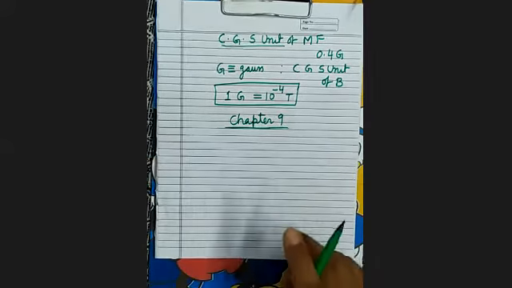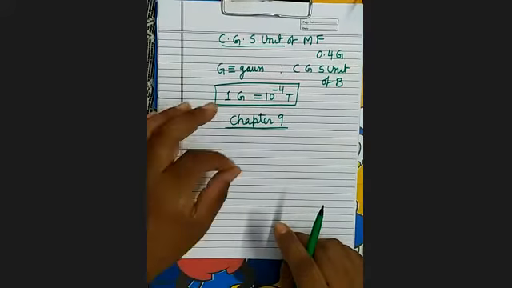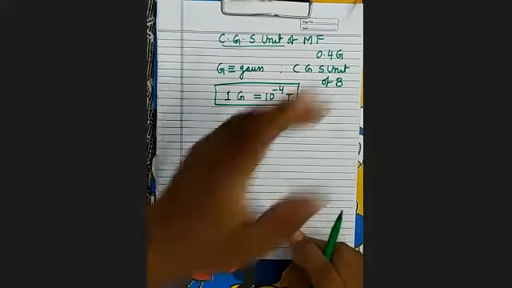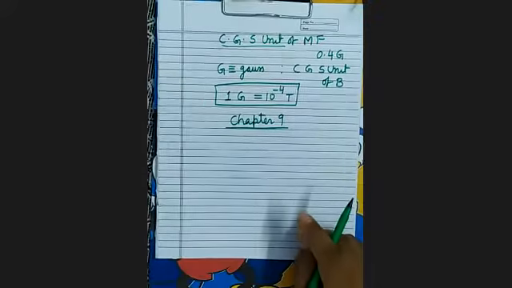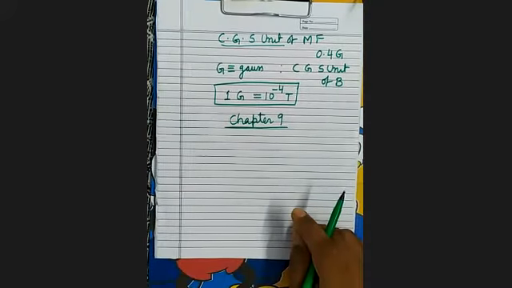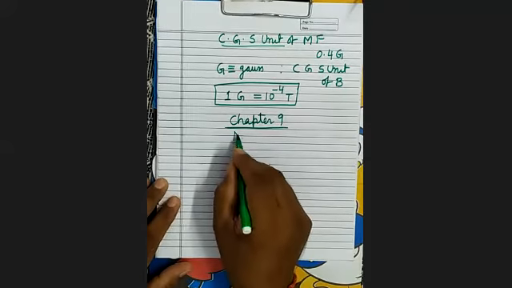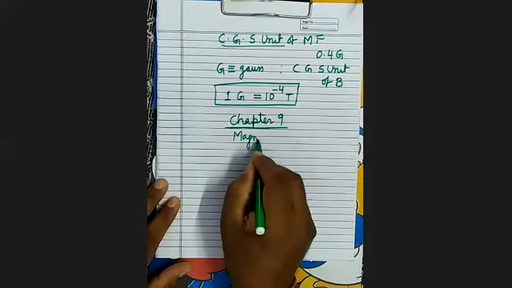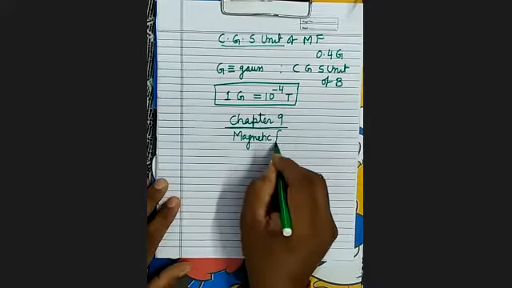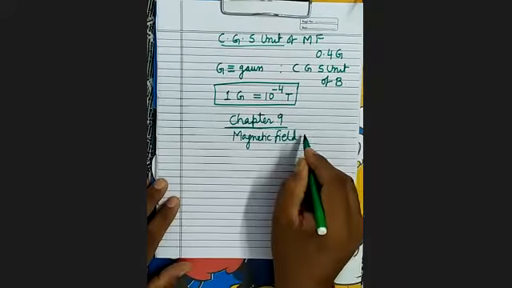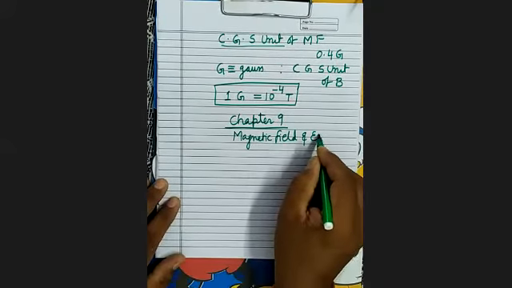Today I am going to do numericals based over these formulae, and that you will get in the chapter 9 exercise. Chapter 9 is magnetic field and earth magnetic. You can open your book and earth magnetic.